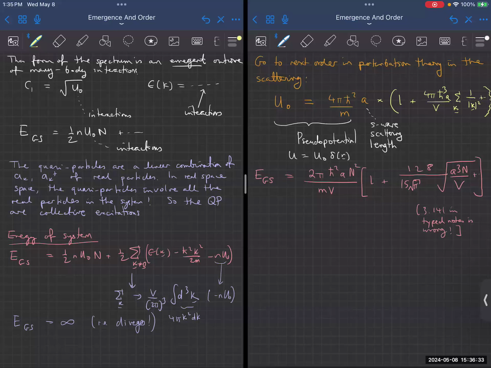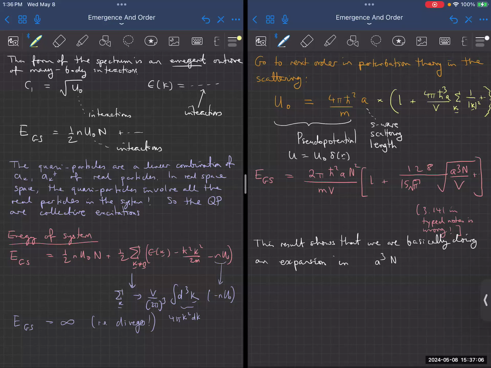The point is that this result shows you that we are basically doing an expansion in the quantity a cubed n over v. So that's what our dimensionless expansion parameter is.